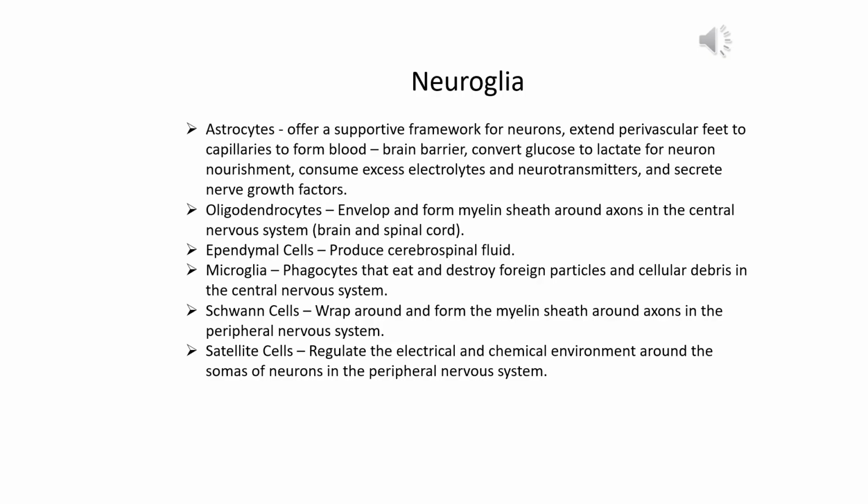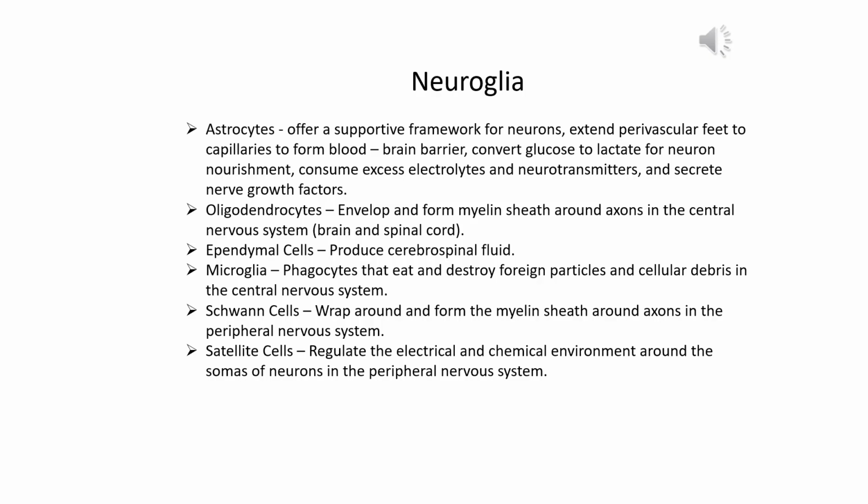Well, there are certain growth factors that are released by astrocytes that promote the regeneration of a damaged axon. So if the nerve cell body is unharmed, but the axon has been severed or damaged in some way, it can grow back, but these growth factors are necessary for that to happen.